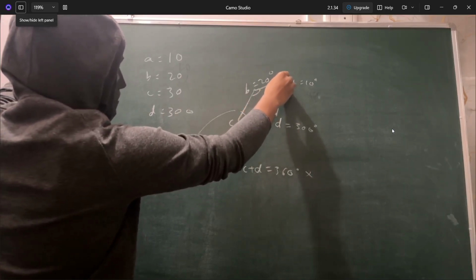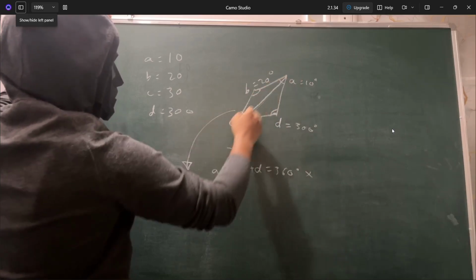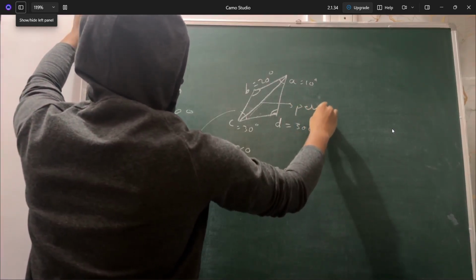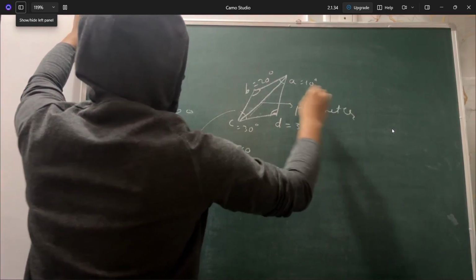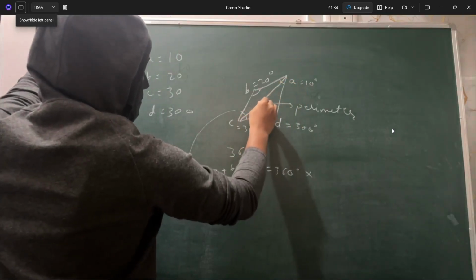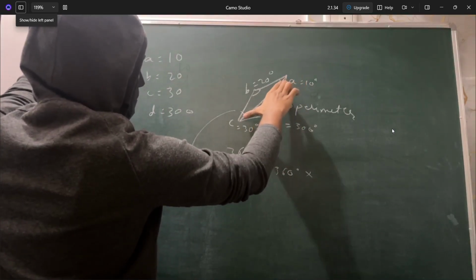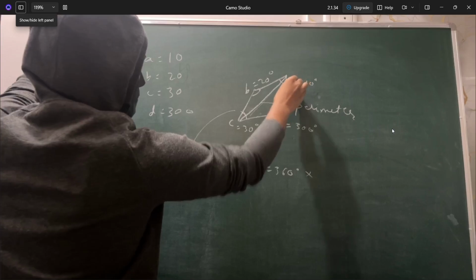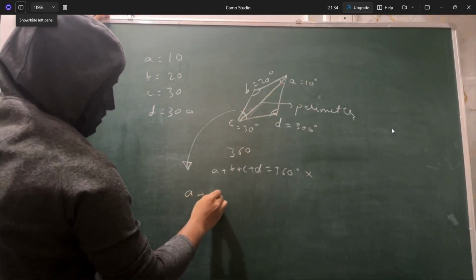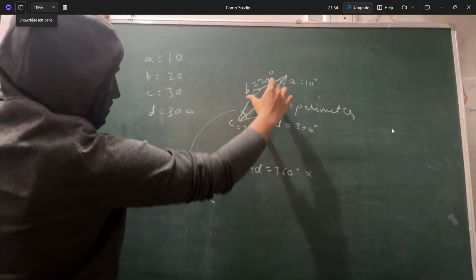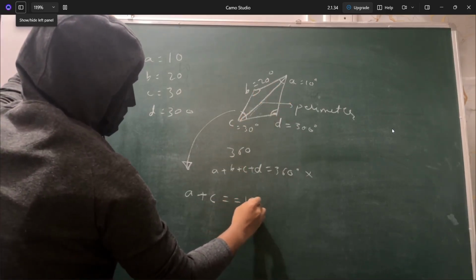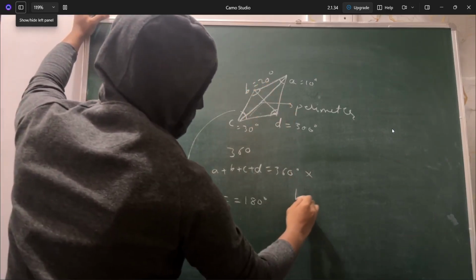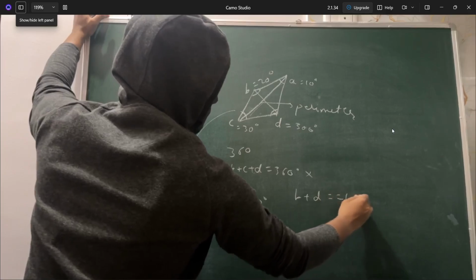If you draw a line from this end to this end, that is a diagonal, and the angles touching one diagonal are opposite angles. In this case a plus c is one pair. Opposite angles will always sum to 180 degrees, and this is one more opposite pair, so b plus d will be 180 degrees.